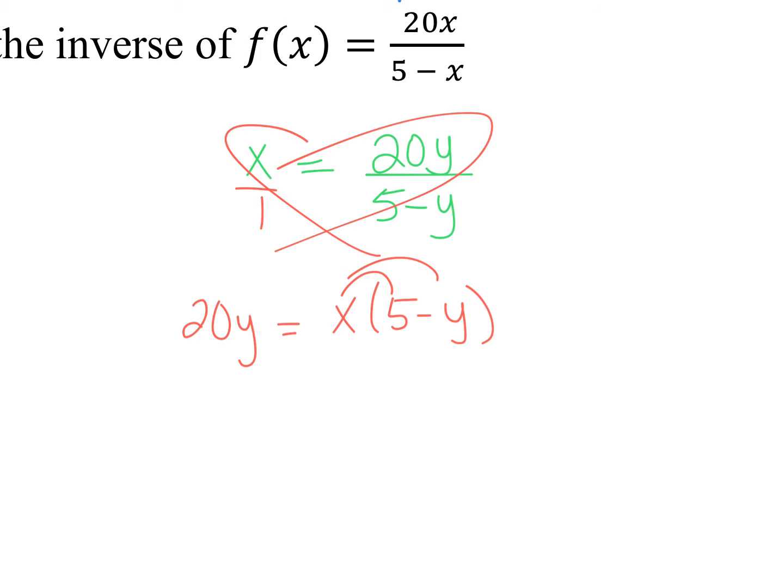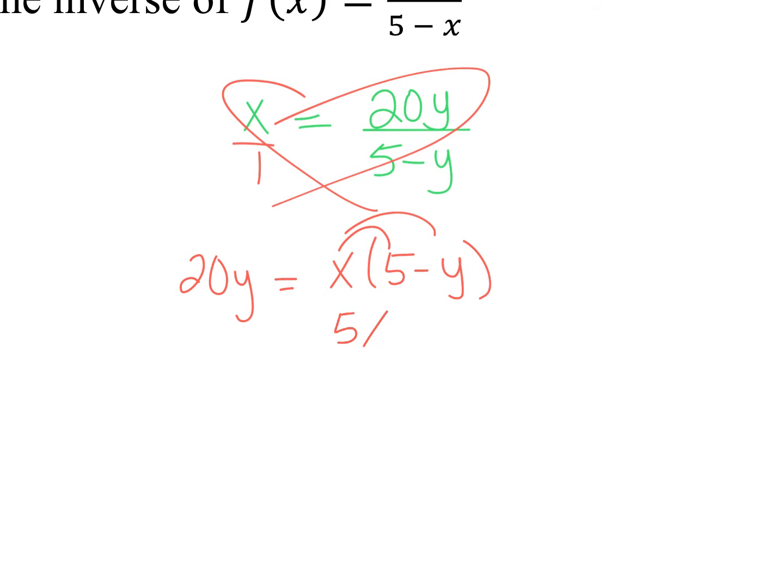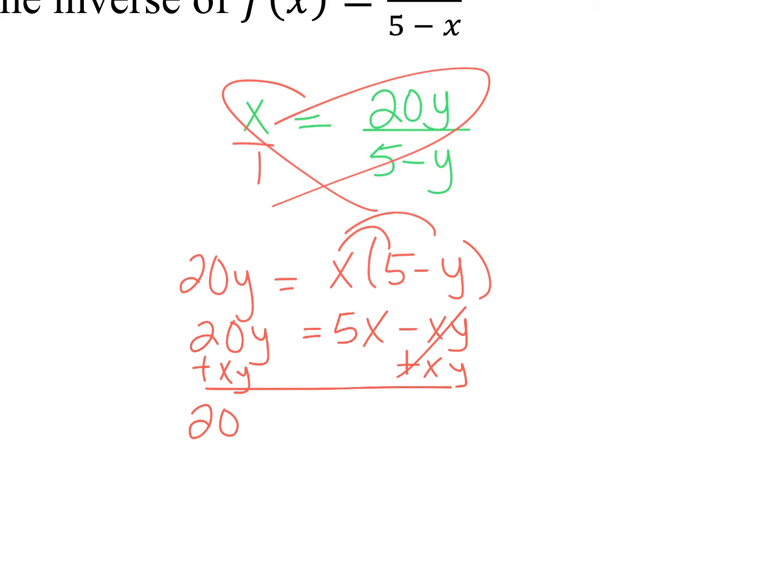Distribute this in. You get 5x minus xy equals 20y. Now, the goal here is to solve for a new y, but there's more than one y, so you're going to have to bring it on over with the other y. And this is where people get stumped.